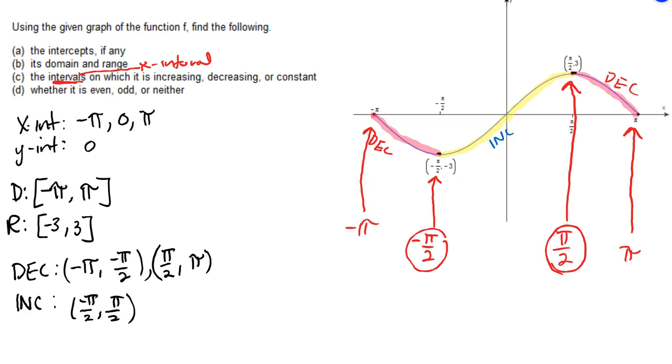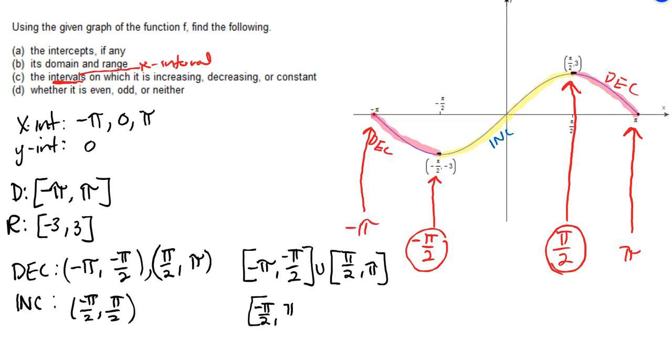Now some books will write the interval notation for these as negative pi with a bracket to negative pi over 2, union with pi over 2 to pi. And then for the increasing interval, you might write it as negative pi over 2 to pi over 2 with brackets instead of parentheses.